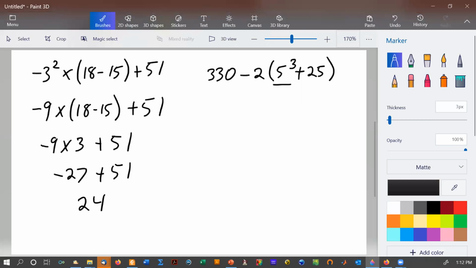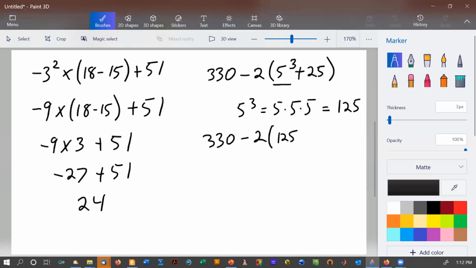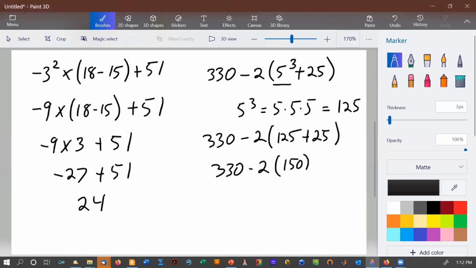So 5 cubed is equal to 5 times 5 times 5, which is equal to 125. So this is 330 minus 2 times 125 plus 25. So 330 minus 2 times 150, because we do this addition first. So this is 330 minus 300. 2 times 150 is 300, so this equals 30.